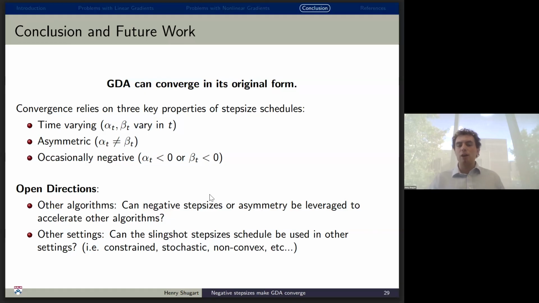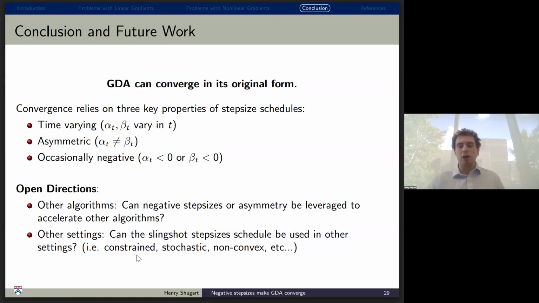Also, another open direction is other settings. Of course, I just showed you convex concave problems, and that does give a nice first step. But constrained optimization problems, even constrained convex concave problems, are natural, and it would be nice to get convergence results in these settings with slingshot step sizes or GDA more generally.